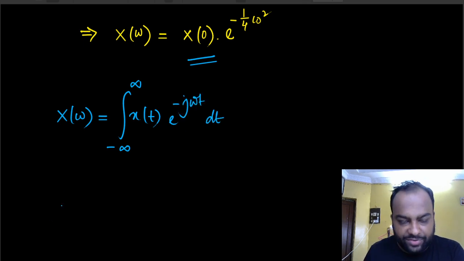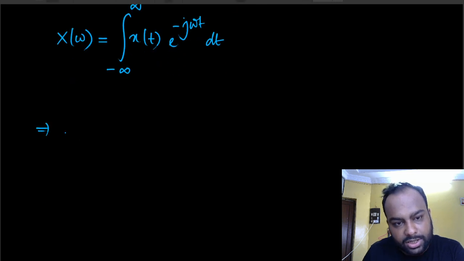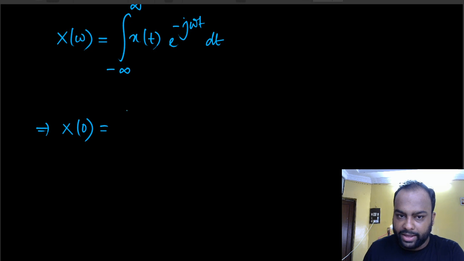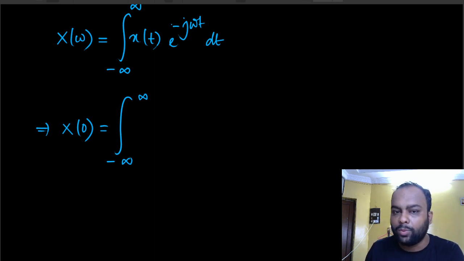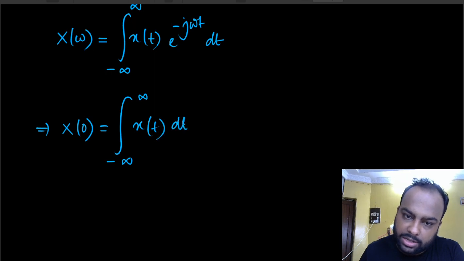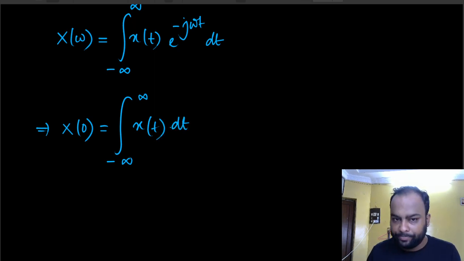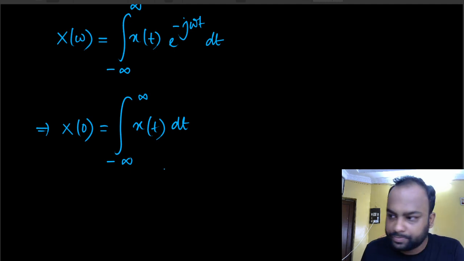And by that definition, x0 is going to be the same thing. Again, this is an identity. We just put omega equal to 0, which gives me 1 here. So that's going to be the total area under x(t) from a time span of minus infinity up to infinity, right?